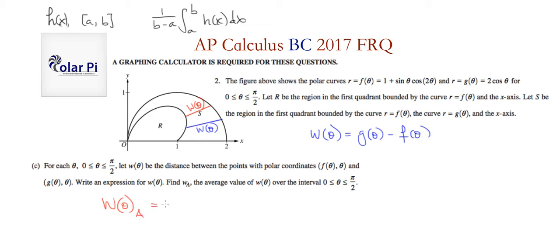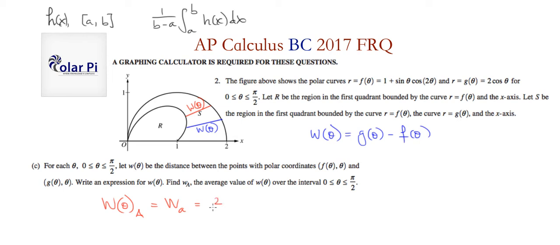is going to equal 1 divided by pi over 2 minus 0. This is the 1 over b minus a part. Notice that this is just 1 divided by pi over 2, which is the same as 2 over pi.